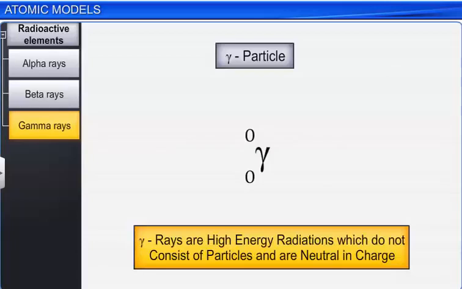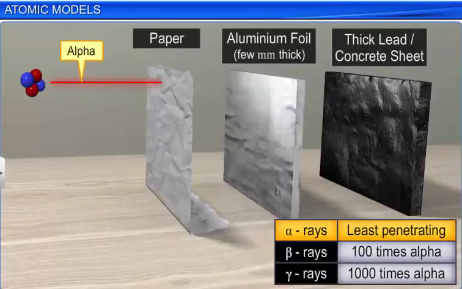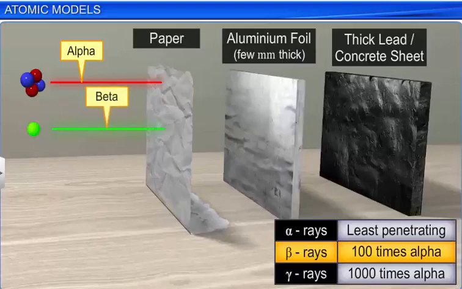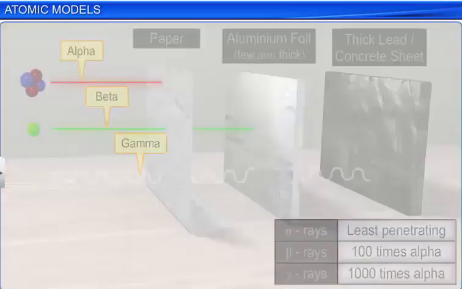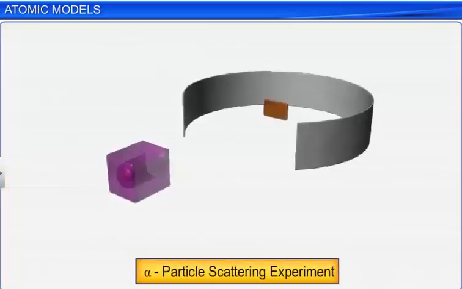The alpha particles have the least penetrating power among the 3. The penetrating power of beta particles is nearly 100 times and the penetrating power of gamma rays is 1000 times more than that of the alpha particles. Now let us move on to the alpha particle scattering experiment.